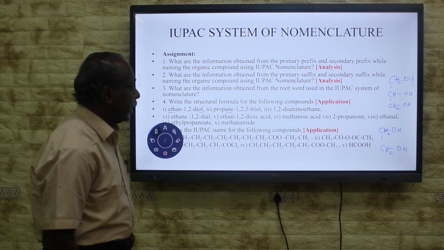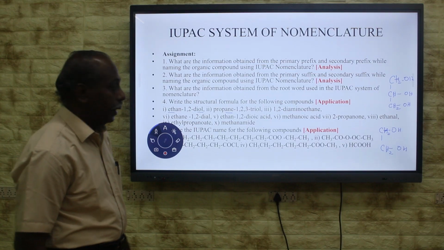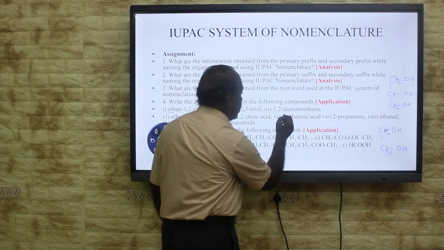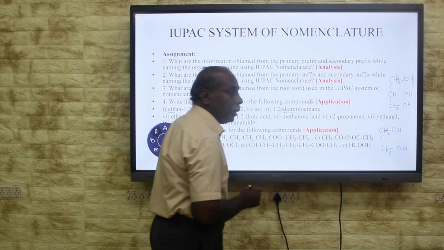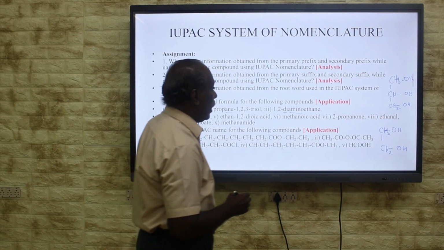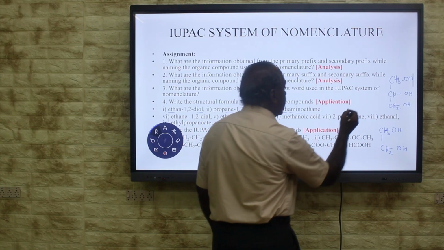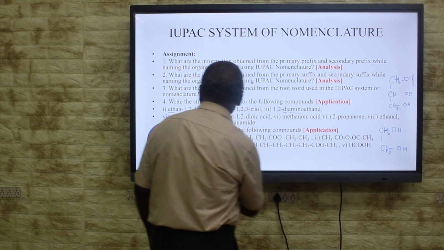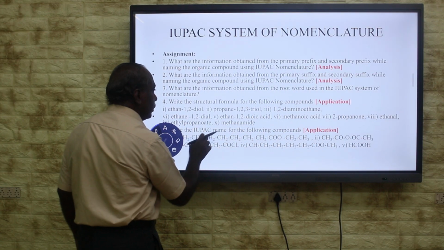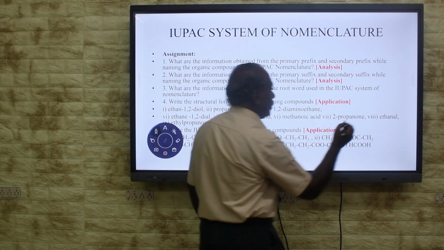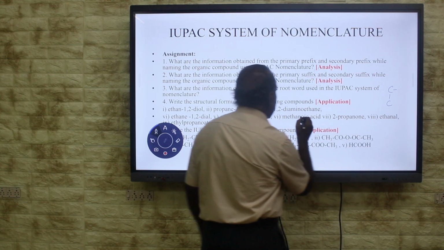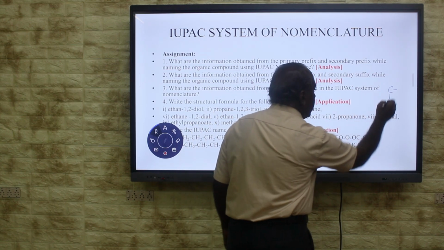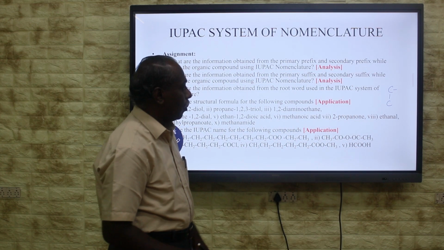Here, 1,2-diaminoethane. Amino is a substituent. There are 2, diamino, so the amino group will be there 2 times. Eth, you write 2 carbons. In between the 2 carbons you put a single bond.